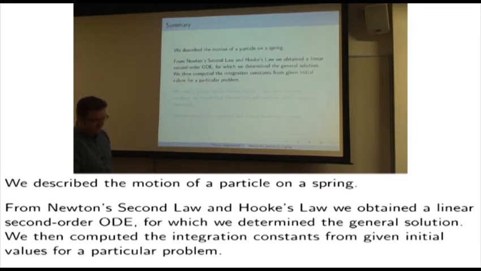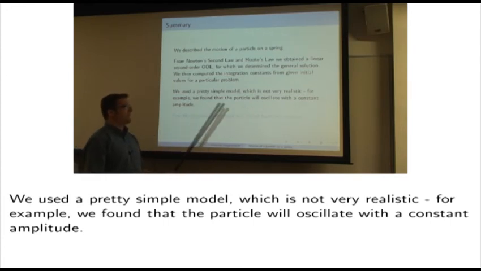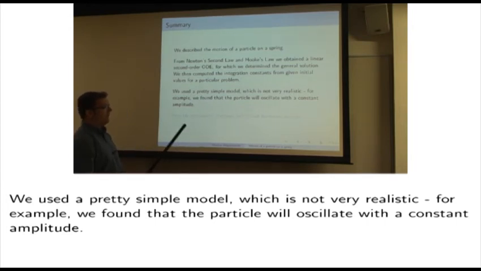Now you could say that this is not a very realistic model, and you would be right. Because what we found was that the particle oscillates with a constant amplitude. And of course, in reality, what will happen is that the amplitude of the oscillations will get smaller and smaller, and at some point the oscillation will stop. Mainly for reasons like friction or air resistance.